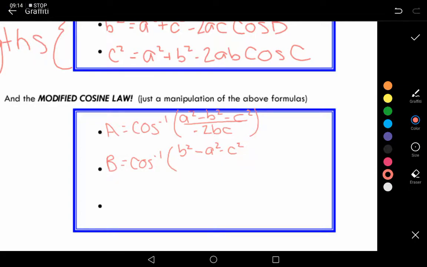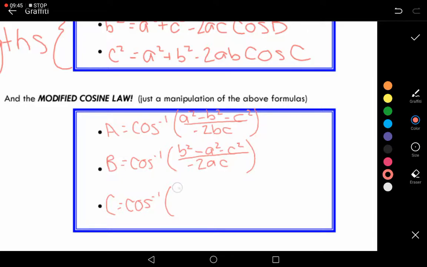You are going to have to make sure that you are directly substituting here for A, B, and C in the right spot. And again, we're finding B, so we don't want B on the bottom, so we're going to divide by AC. Lastly, for C, again, we're taking that inverse cos. All that's changing in these equations is the order of the side lengths and what you're dividing by.